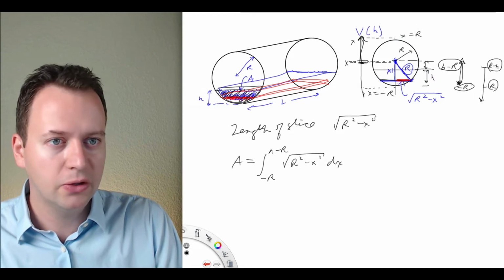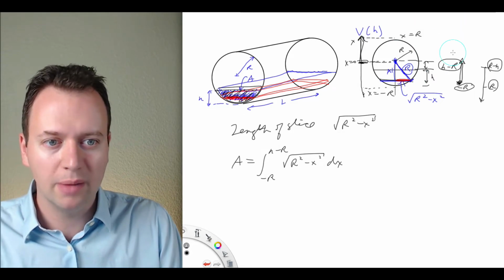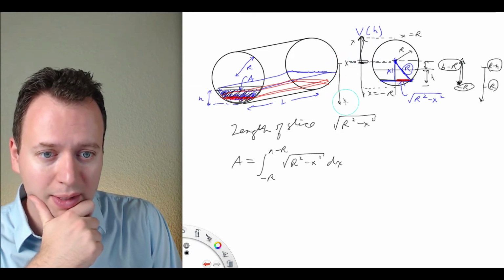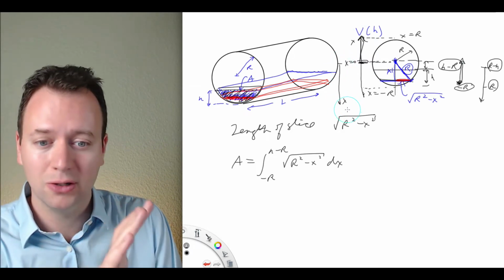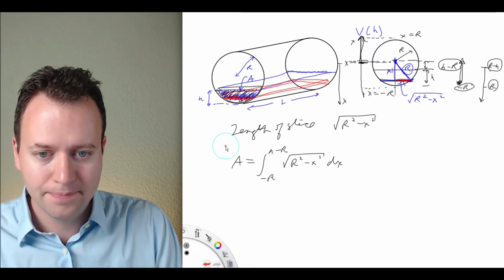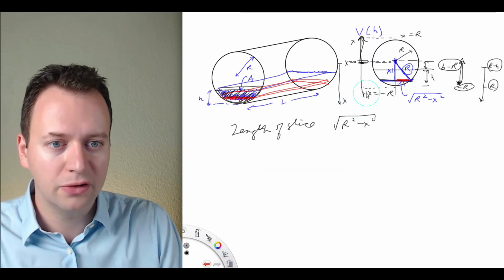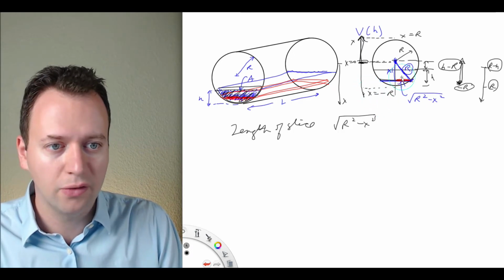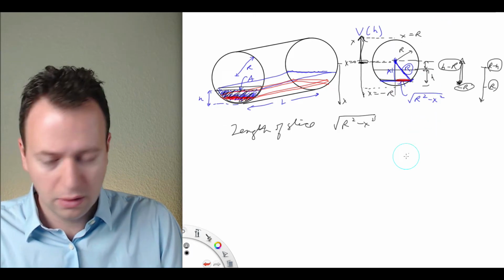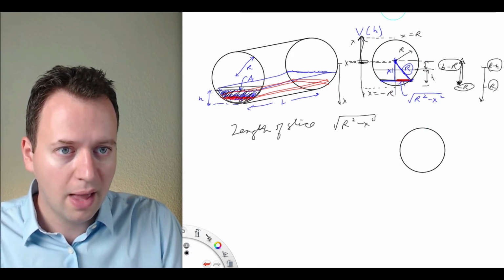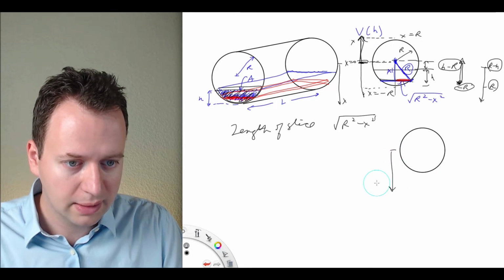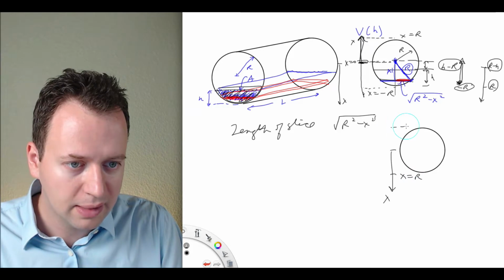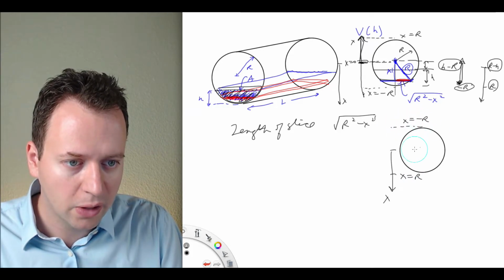In case you didn't see what I'm talking about, positive x was going up. If positive x was going down, actually it's a simple change. Let's just do the change. Let me redraw this. If x is going down like this, positive x, well, this is now x equal to r, and this level here will be at x equal to minus r.